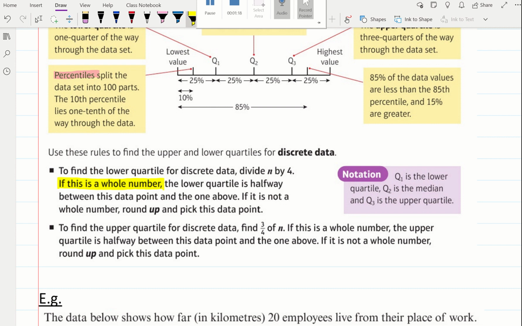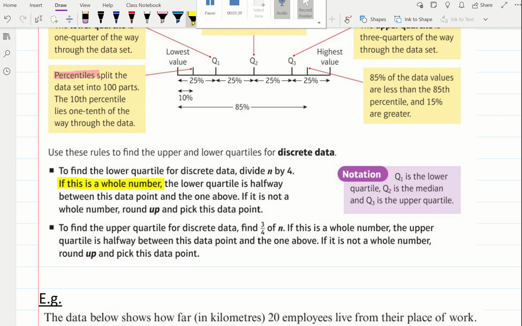So if you get the answer as 4, a whole number, you know that your quartile is between 4 and 5. It's basically 4.5. If it is not a whole number, you round up. You always round up, regardless of the decimal that you get, and pick that data point.